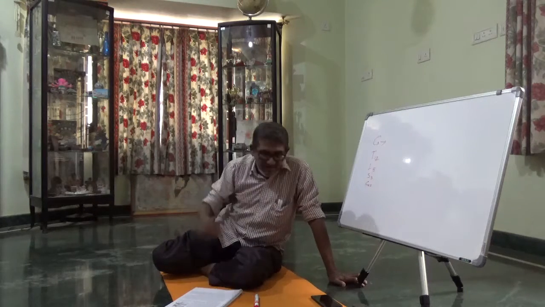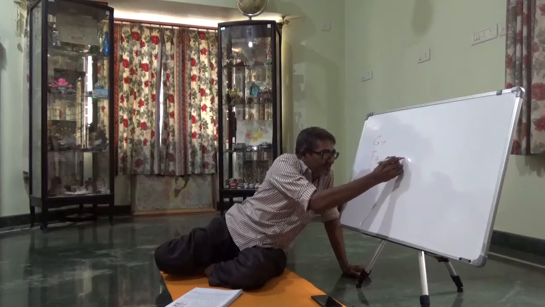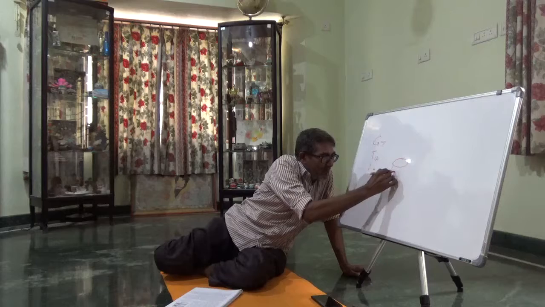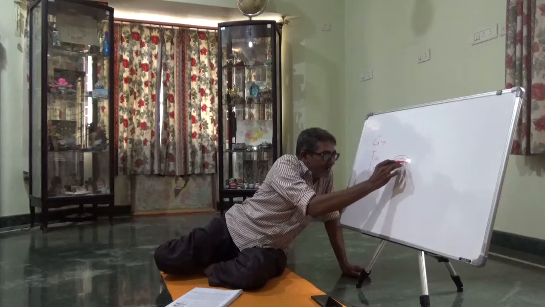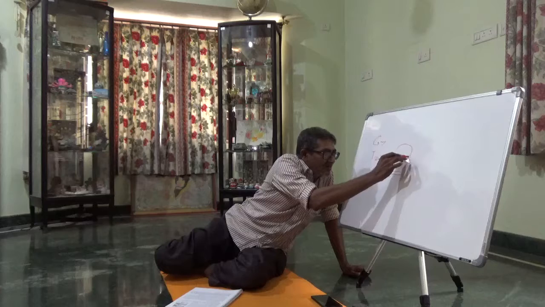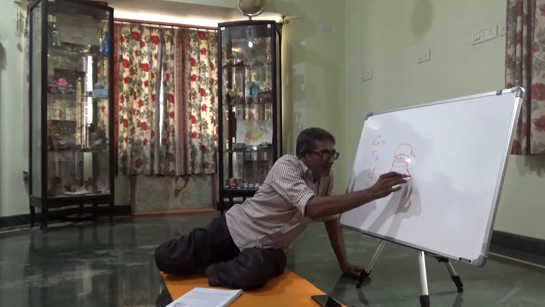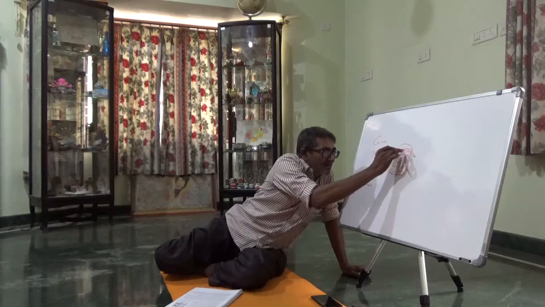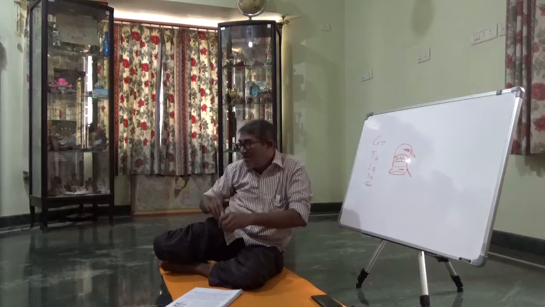So in the vertebra you have got two things. One is the bony part, and the other one is the part called cartilage, which is present over the bone and between two bones. Okay.